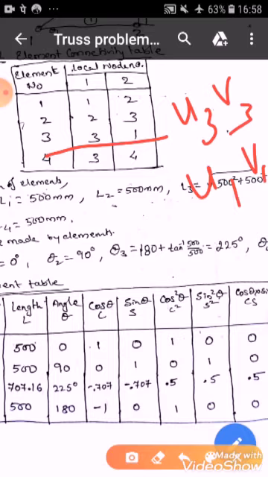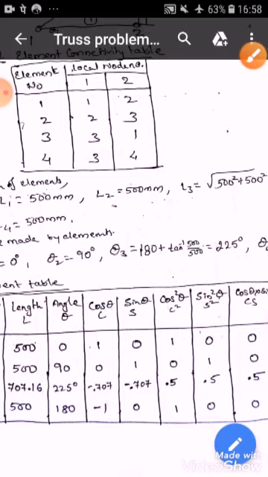Don't just write in chronological order U1 V1 and U3 V3. No, it totally depends on your element connectivity table. I have intentionally made this type of connectivity table where node number 3 is first and node number 1 is second, so that you can understand what happens if node connections are the other way.